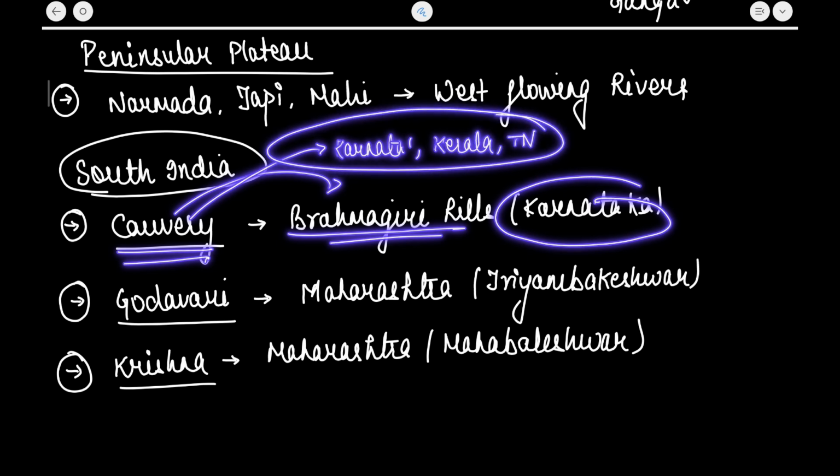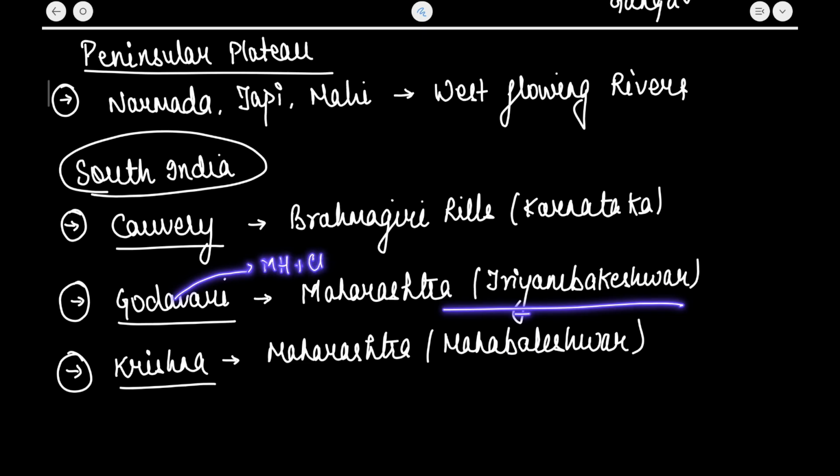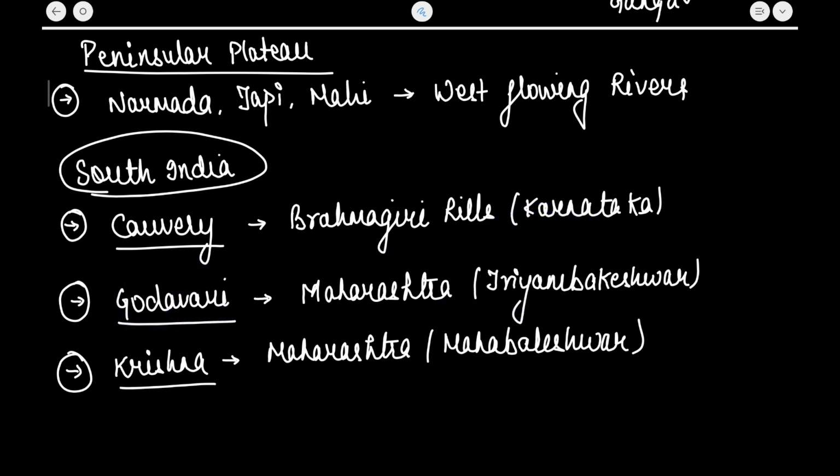Okay. If we talk about river Godavari, it rises from Maharashtra, at Triambakeshwar. If I talk about the states where it flows, it is Maharashtra, Chhattisgarh, Odisha, then some of the other states, MP, Karnataka, etc. These are also the states where the Godavari river has its river basin.